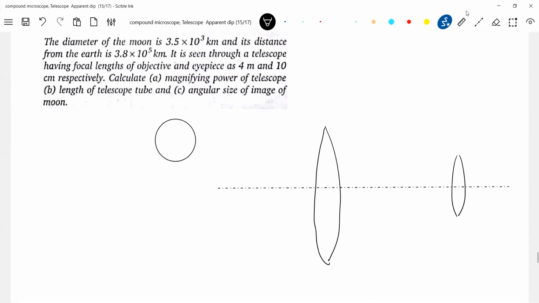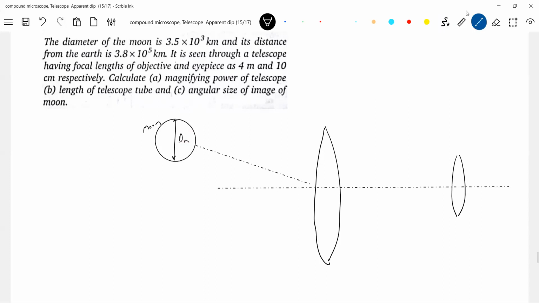The diameter of the moon is what we know. The angular size of the image is being asked, so it will subtend an angle alpha.